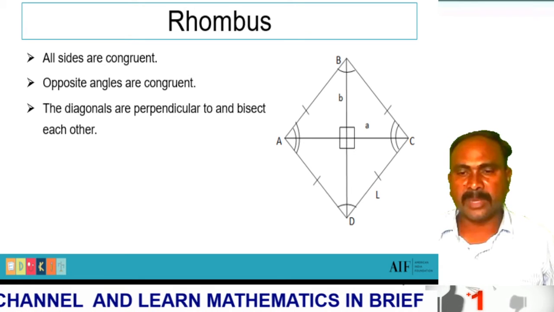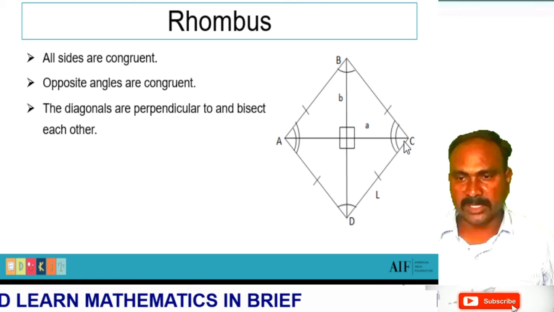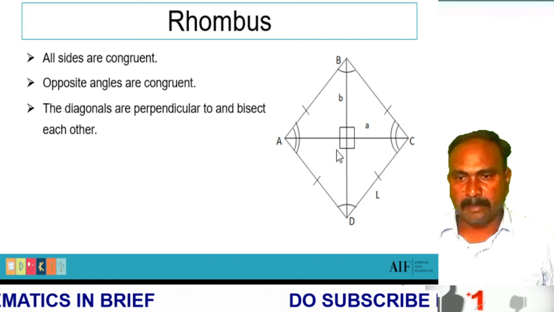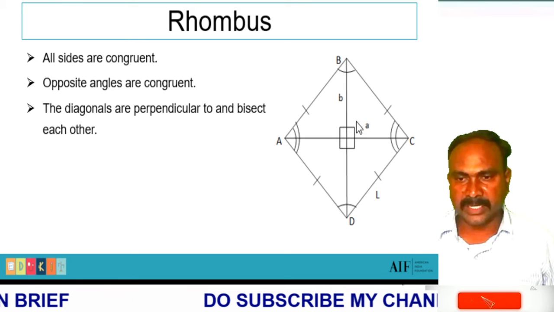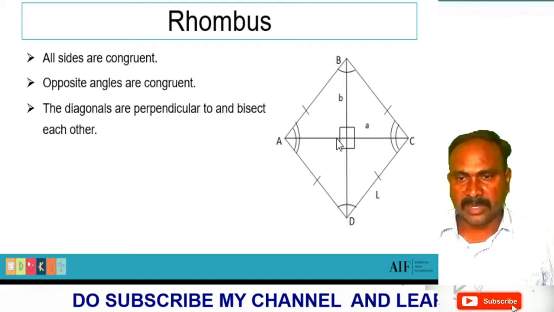The diagonals are perpendicular and bisect each other. Diagonals AC and BD are perpendicular, here 90 degrees, and bisect each other.